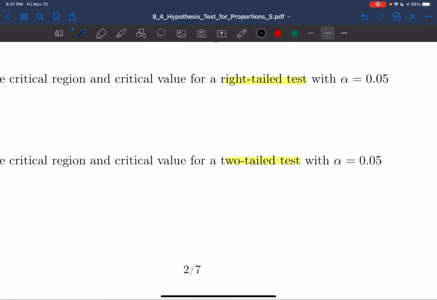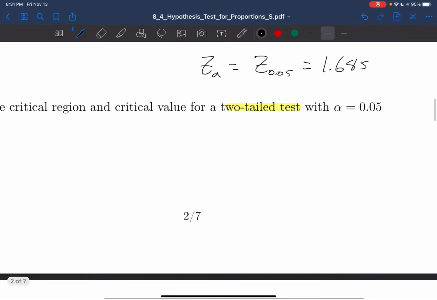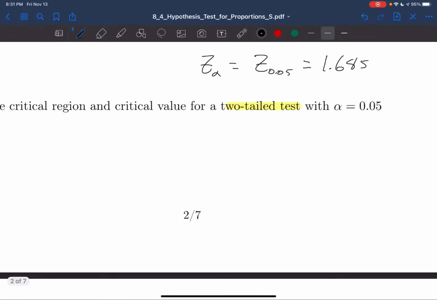And z of alpha is equal to z of 0.05, which is equal to 1.645. And for a two-tail, we have negative z of alpha over 2 is equal to negative 1.96, and positive z of alpha over 2 will be equal to 1.96.